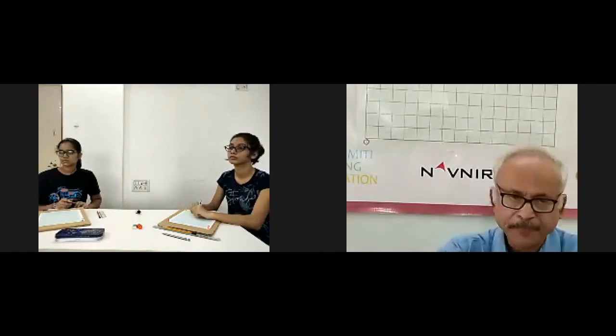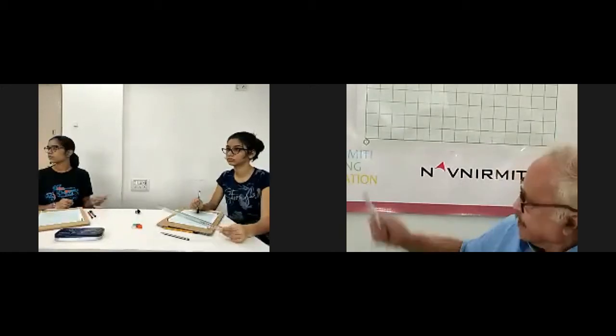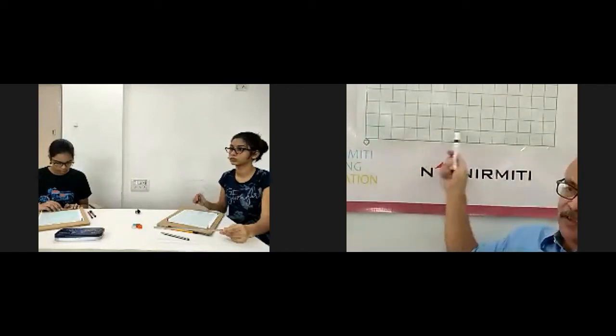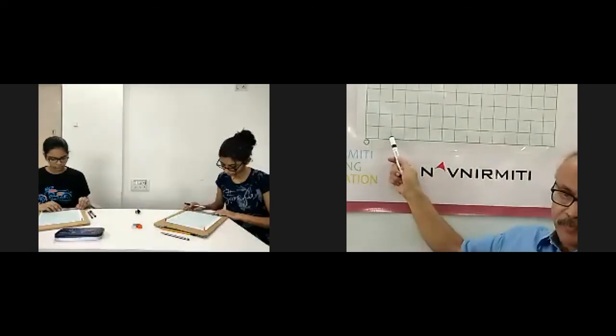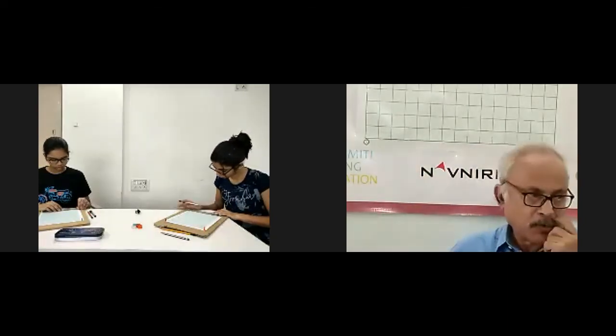The next activity you have to do is to take your scale and measure the points along this line, the lowest line, which we call the x-axis. Hold your scale next to the x-axis.